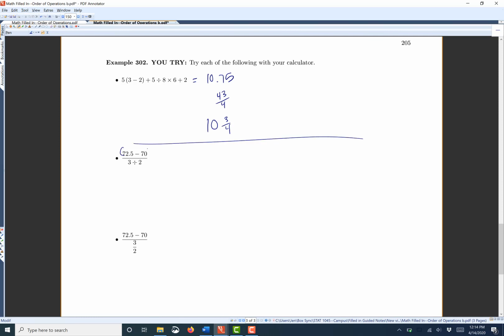Our next one, make sure you have parentheses around the top and the denominator. If I was putting it into my calculator, it would look something like 72.5 minus 70 divided by 3 divided by 2.